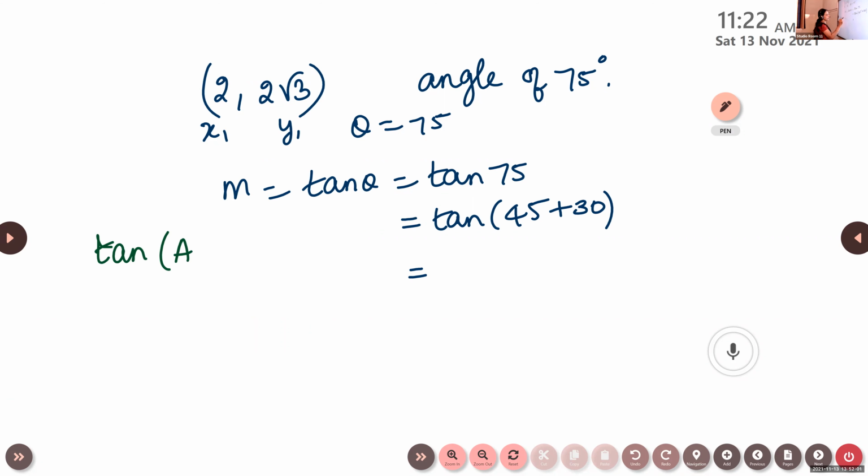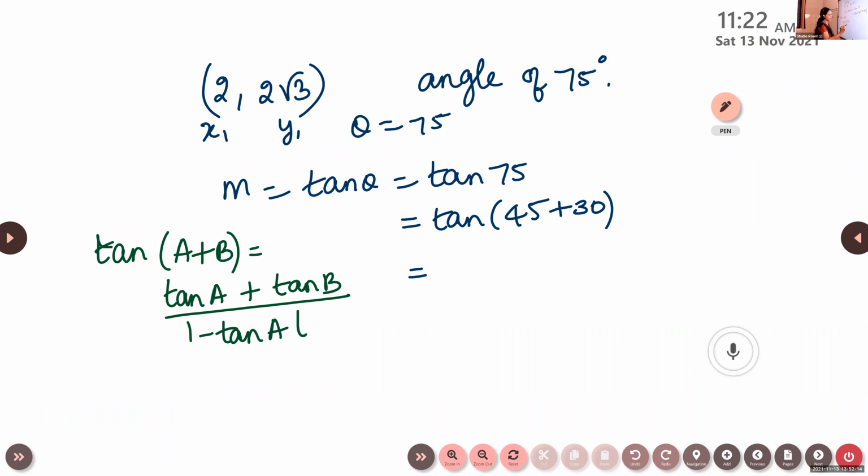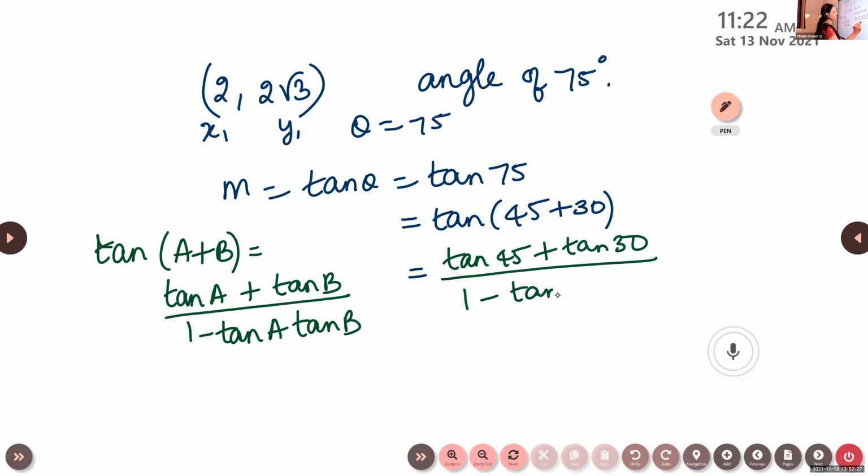Use the identity here. Tan of a plus b is equal to tan a plus tan b by 1 minus tan a tan b. So if you apply the values here, it is tan 45 plus tan 30 by 1 minus tan 45 tan 30.